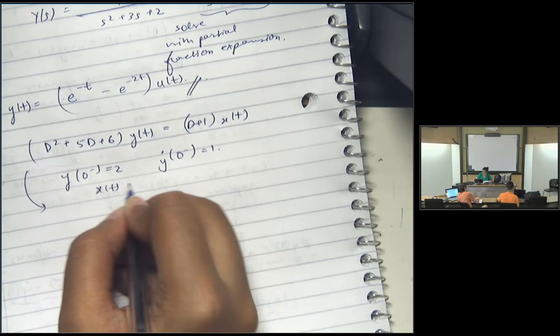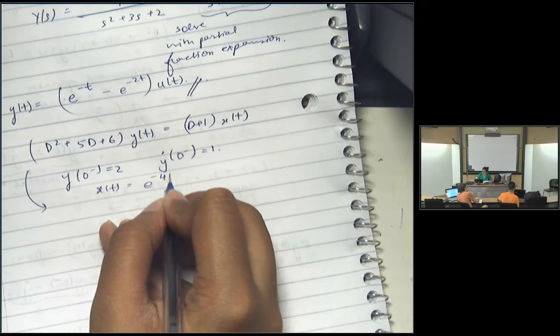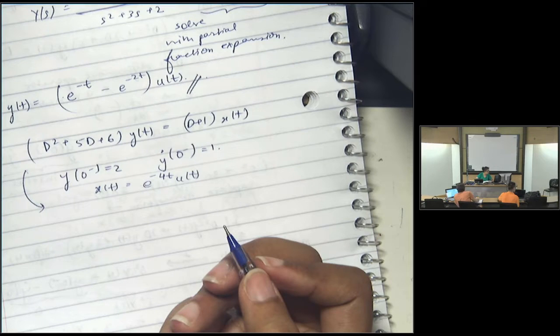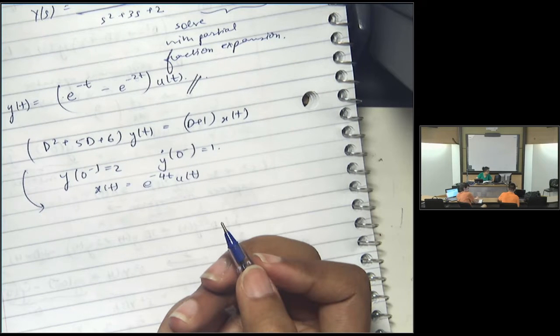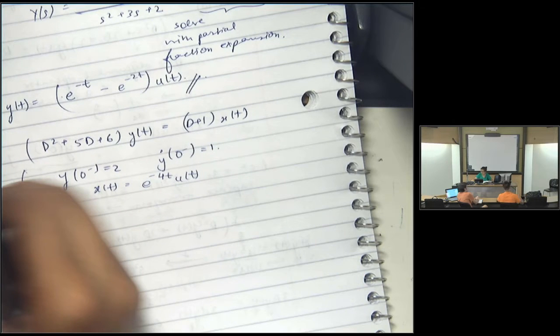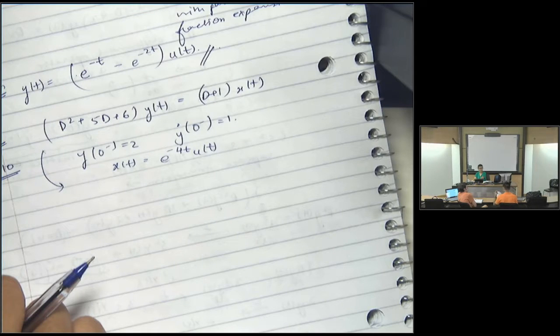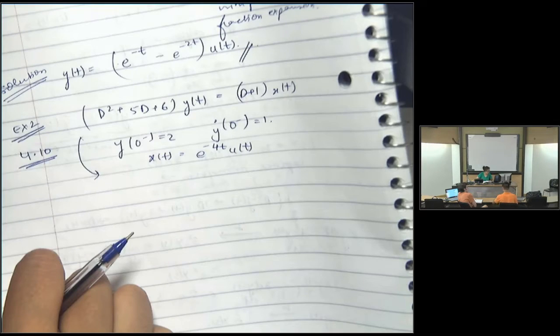So x(t) is e raised to minus 4t u(t). Okay, this is example 4.10 in your textbook.